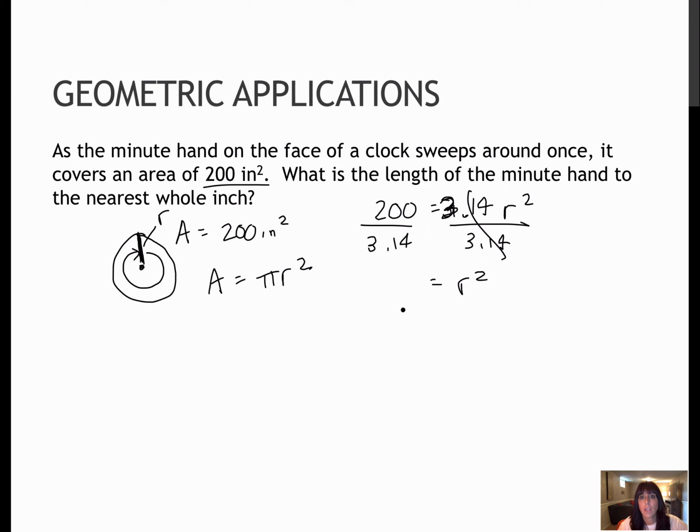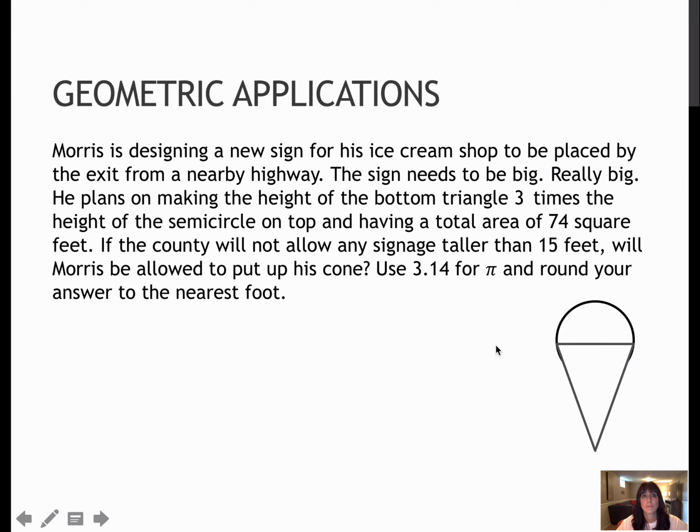On this side, I get 63.69, etc. I leave that entire decimal in my calculator, and then I will take the square root of it. And that gives me, rounded to the nearest whole inch, about 8 inches. So about 8 inches would be the radius, a little bit less than 8.